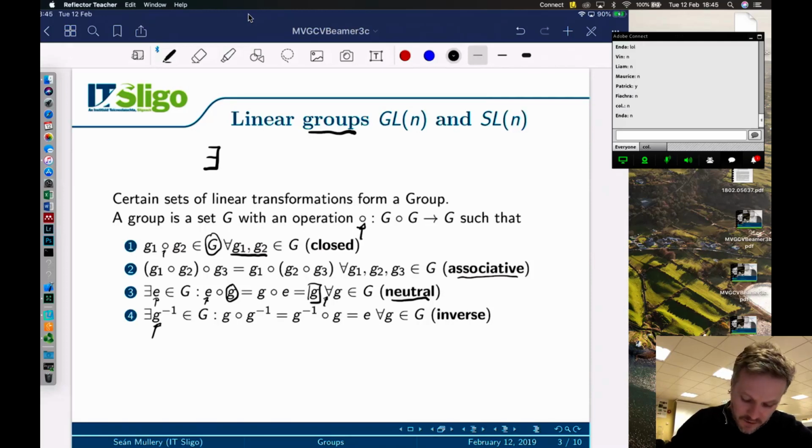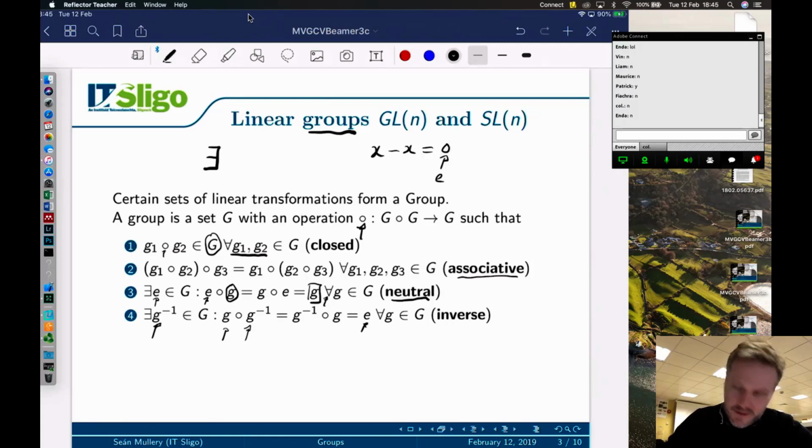Okay, so every element in the group has an inverse, has something that's the opposite of it, so that when we do this operation, whatever the operation is, we get back to this e thing, get back to the identity. Okay, so for addition again, if I have x, what's the opposite of x? It's minus x, and I end up with 0, which was my e thing.